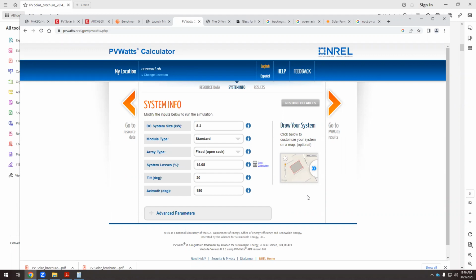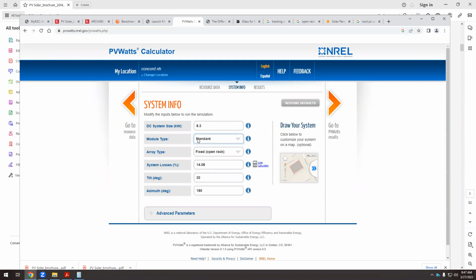It's very important that we understand this. We can control the tilt. This is up to us, it's the project itself. We can control the azimuth, the module type, the array type, and the system losses. Basically, we are not doing a lot with that. If we are very optimistic, we can select the premium.